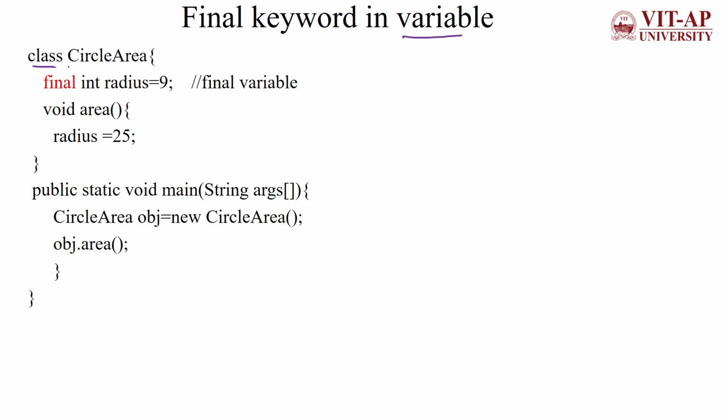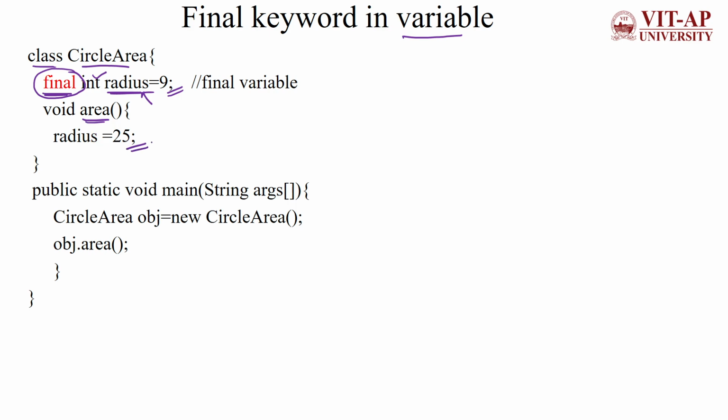The example is given to declare a variable using the final keyword. The class is defined with the name CircleArea. Here I am defining the variable radius with integer data type and the final keyword. So this is now a final variable. Here 9 is initialized to the radius variable during the declaration time itself. Then I am calling the method area.